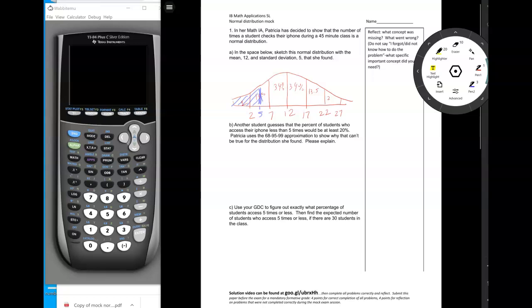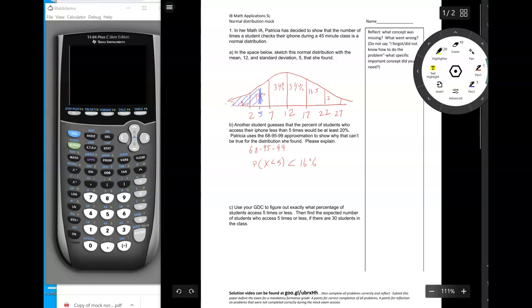But you can see from 68, 95, 99 that this blue section would probably be part of the 13.5 plus 2 plus 0.5. So that would be maximum 16, right? It should be less than 16. So according to 68, 95, 99, the probability that x is less than 5 should be less than 16%, not even less than or equal to.